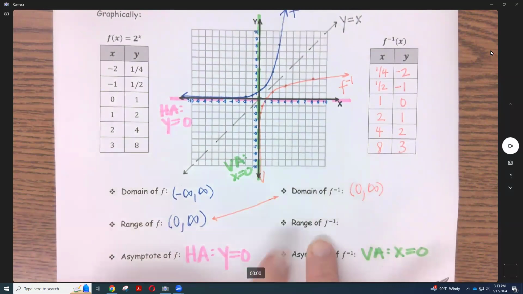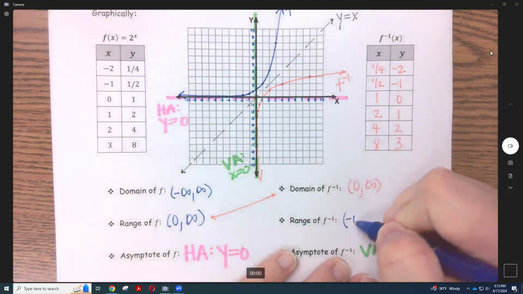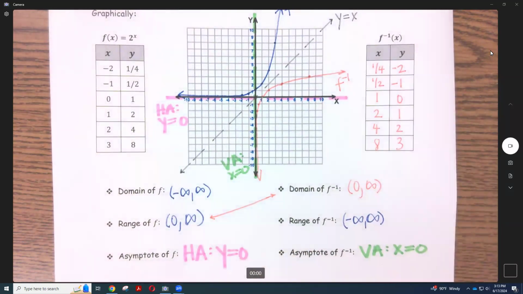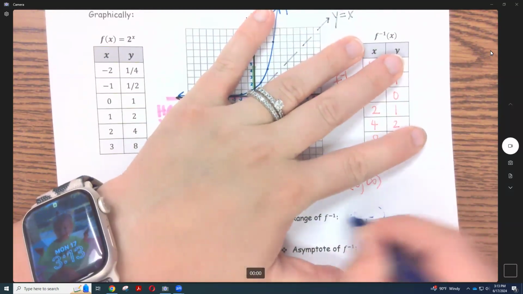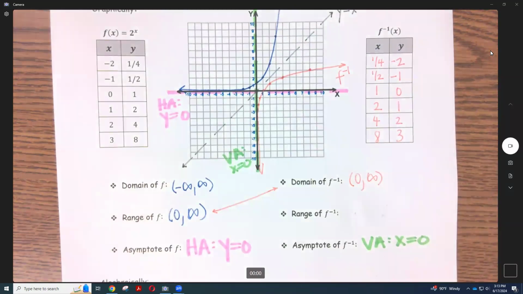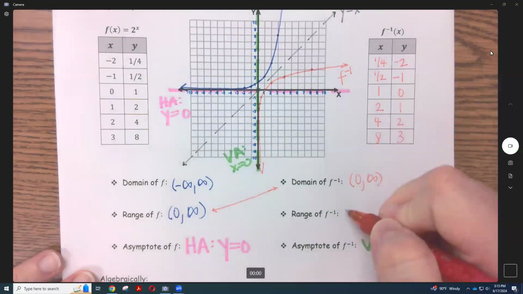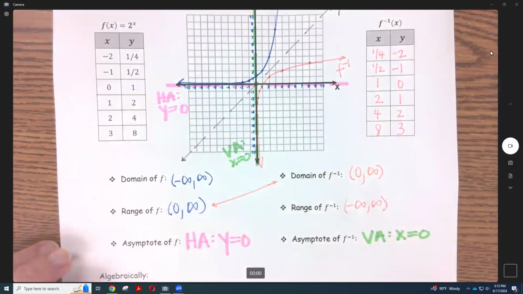Following that same logic, my range is then going to be negative infinity to infinity.